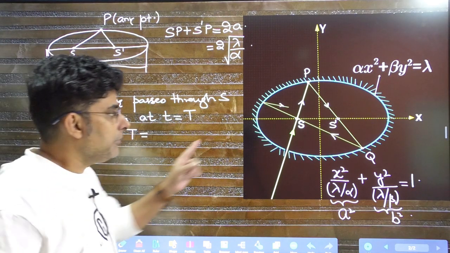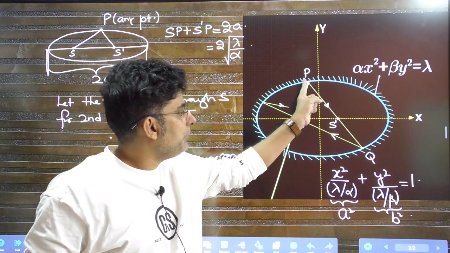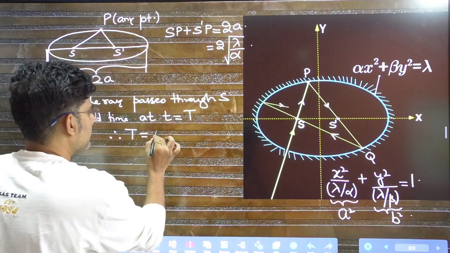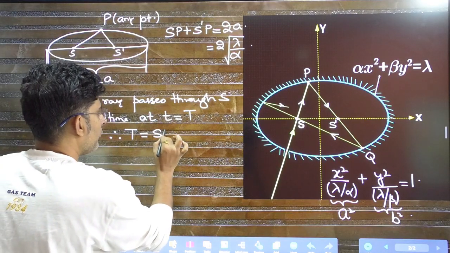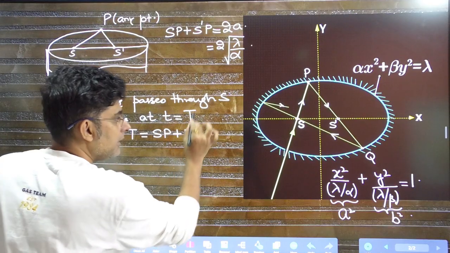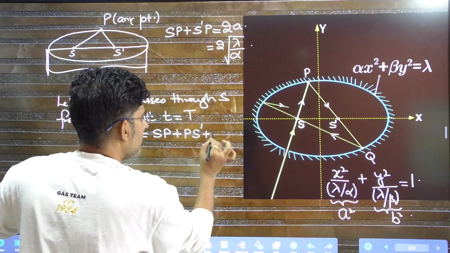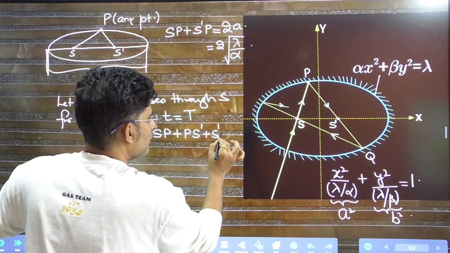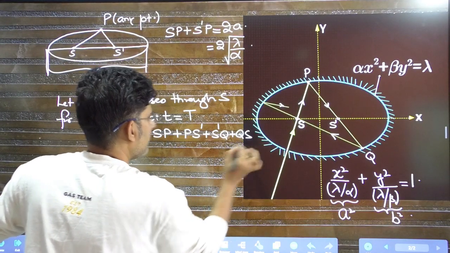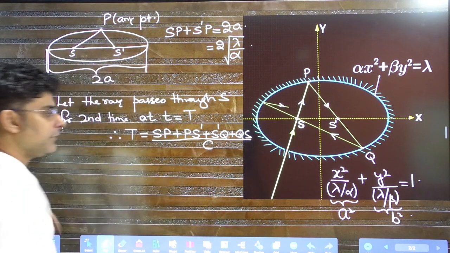Now the ray will be moving with speed of light, which is c. So it will go from S to P, P to Q and Q to S. So I will take the total distance as, first it will go from S to P plus P to S dash to Q and QS. This total distance will be divided by speed of light.